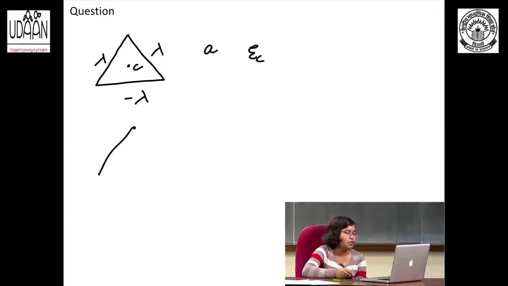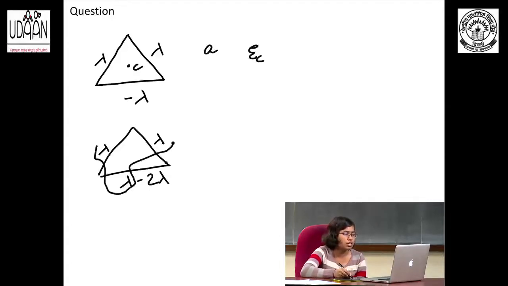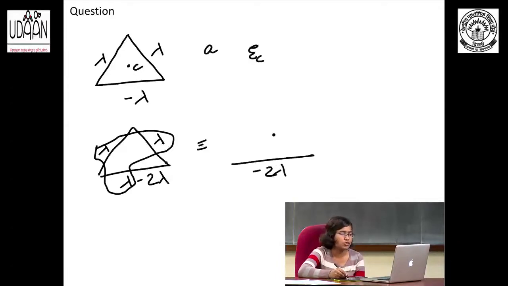So here we will use the statement which I have told earlier. We can replace the charge minus lambda with lambda minus 2 lambda. So the force due to these 3 would be equal to 0, and hence we are left with a minus 2 lambda charge wire and the point.